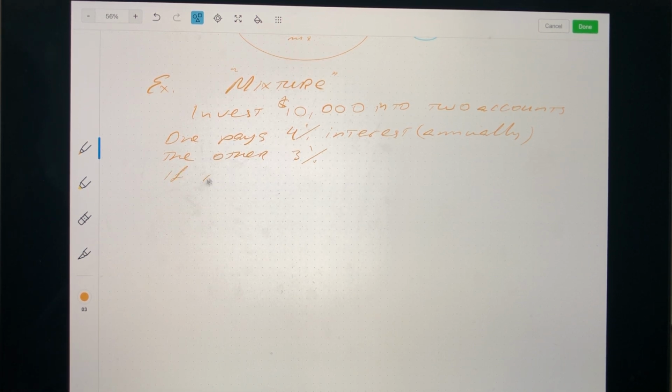If we want to have 375 in annual interest, how much do we invest into each?